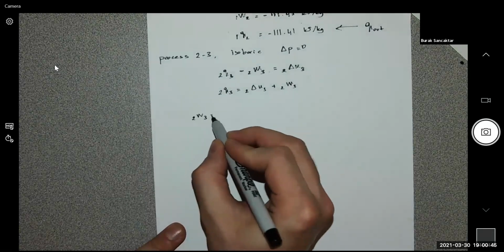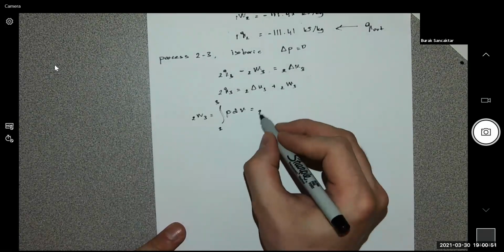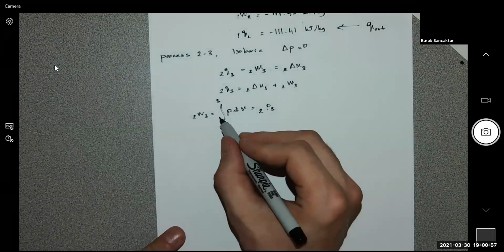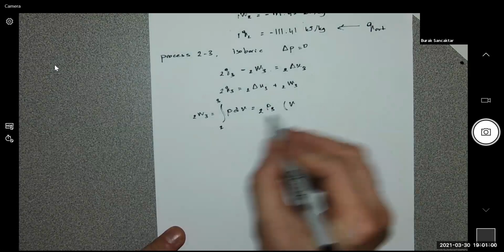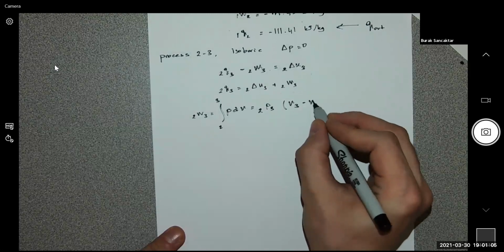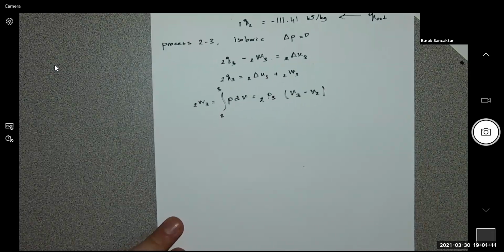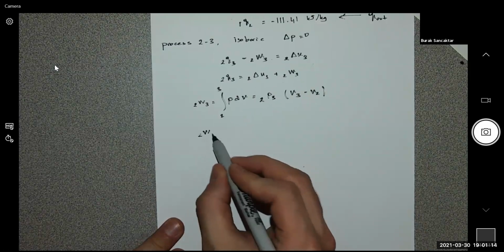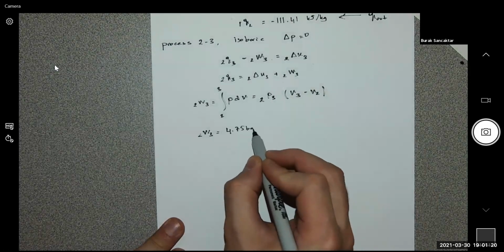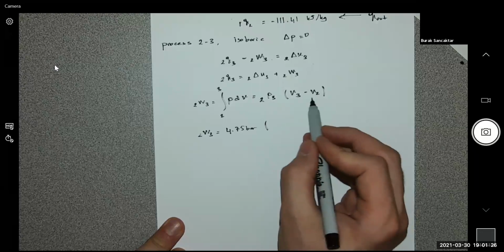Then I can calculate my work from state 2 to state 3. P dV equals pressure from state 2 to state 3, which I can take outside, and specific volume difference from state 3 to state 2. All right. Work from state 2 to state 3: pressure is 4.75 bar, times specific volume difference.